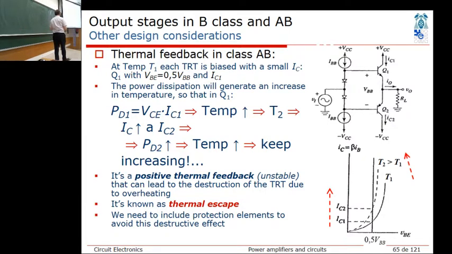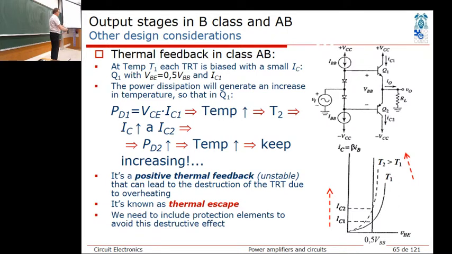Thermal feedback is a very dangerous effect on AB class amplifiers. And even more dangerous, this is now the bipolar transistors, but if you have a MOSFET output stage, then it becomes even more dangerous. When a MOSFET burns, it always burns on short circuit. So it becomes conductive all the time.